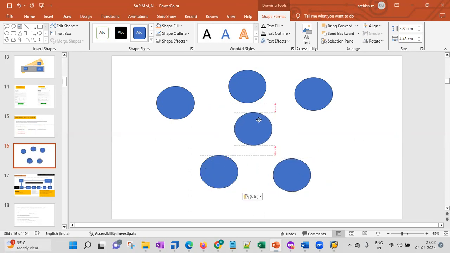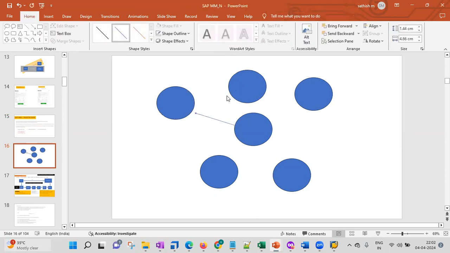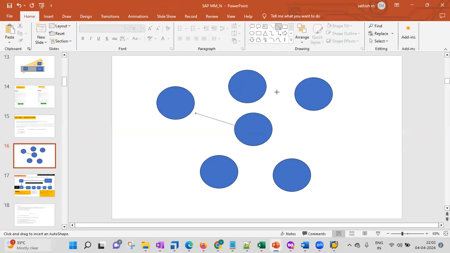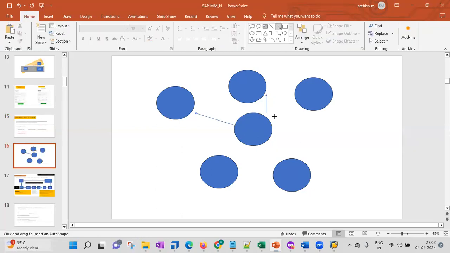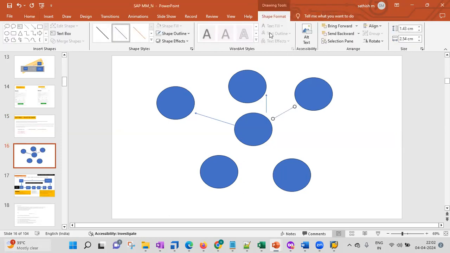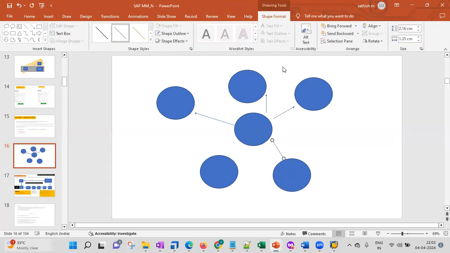Something is shared with these, so this is the shared object, shared with multiple departments.